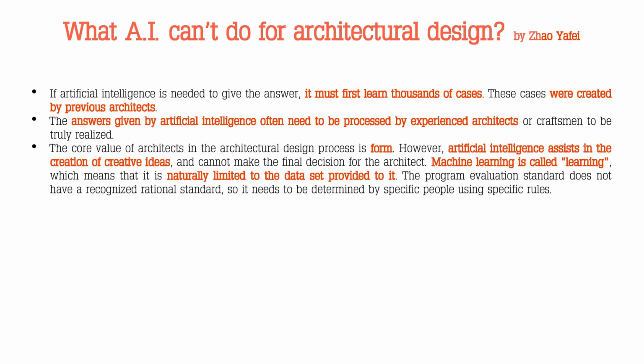Architecture is the creation of form and, in my personal opinion, even more strongly space. Now, the concept of space is too difficult today for the machine to understand. So, if architecture is form and space, artificial intelligence nowadays can only help the human being in the generation of the design and especially in creative and innovative ideas. At this moment, artificial intelligence cannot substitute the architect. So the architect is still very important.